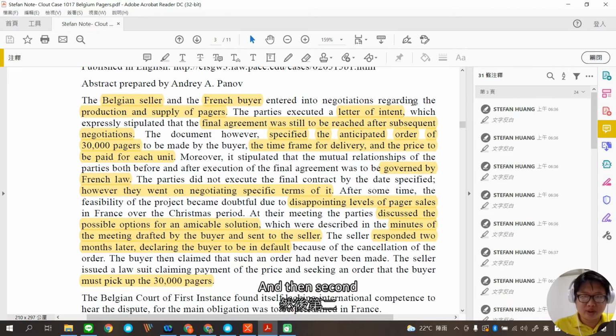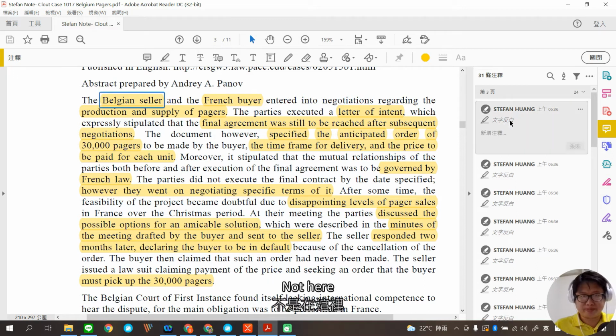And then second, the transaction object is the pages, production and supply of the pages. So it will be produced by a Belgian company and sold to a French buyer. So we can make some note here.